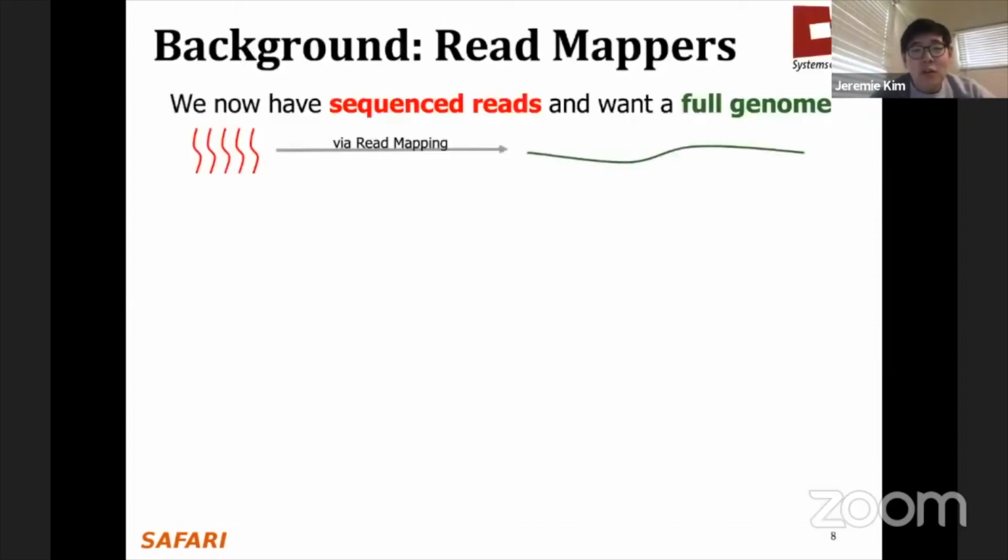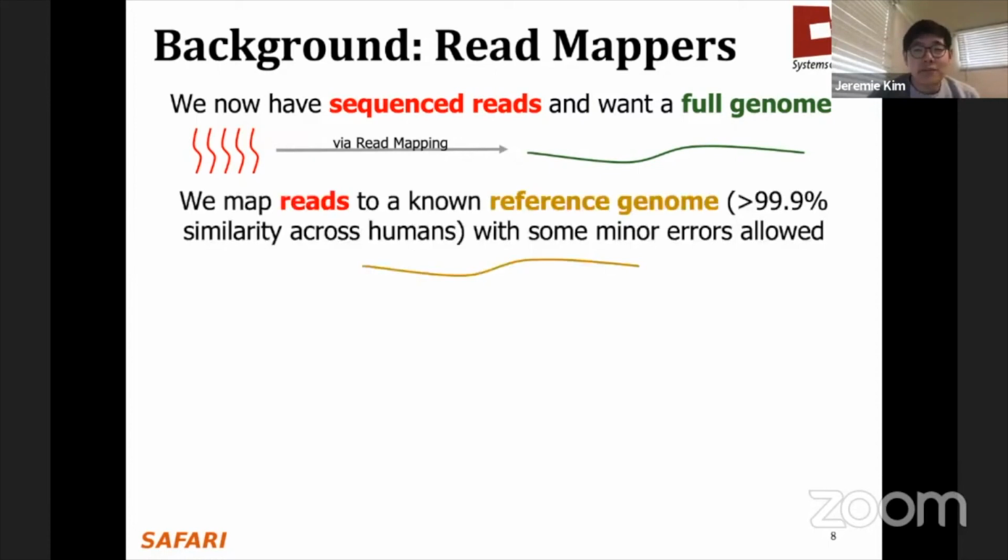So what read mappers do is basically take a number of the sequenced reads, which are around 100 base pairs in our paper here, and we reconstruct the full genome, which is the green strand on the right. And so thankfully, we have a known reference genome that exhibits 99.9% similarity across humans.